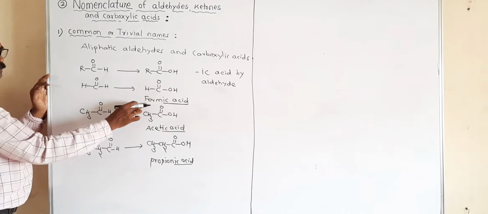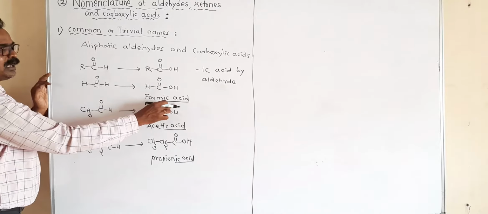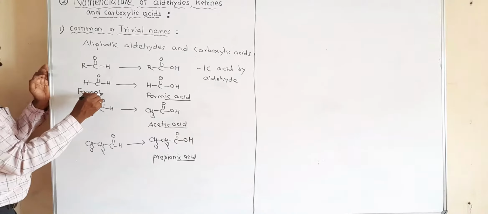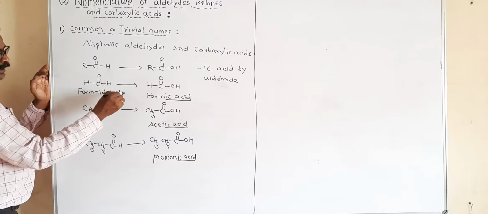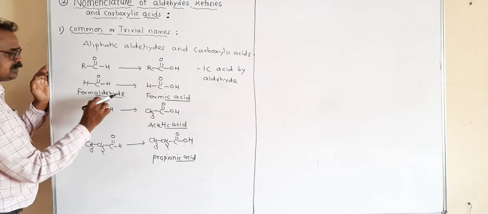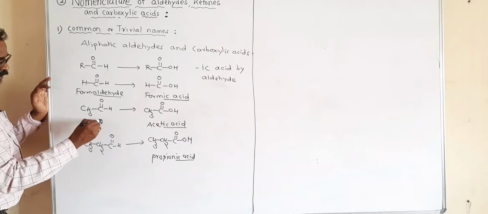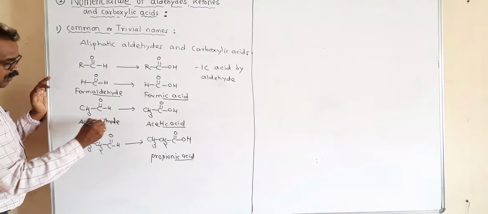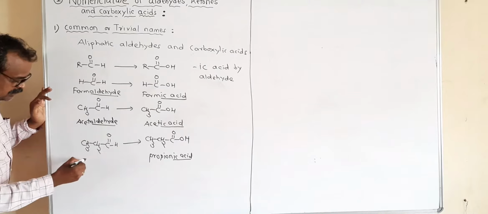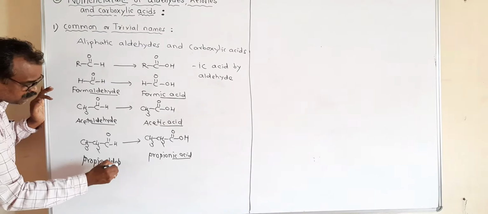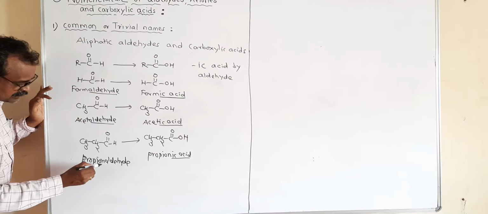One carbon carboxylic acid is called formic acid. Therefore, one carbon aldehyde is known as formaldehyde, by replacing "ic acid" with aldehyde. This is known as acetaldehyde, derived from acetic acid. This aldehyde is called propanaldehyde, from propionic acid.